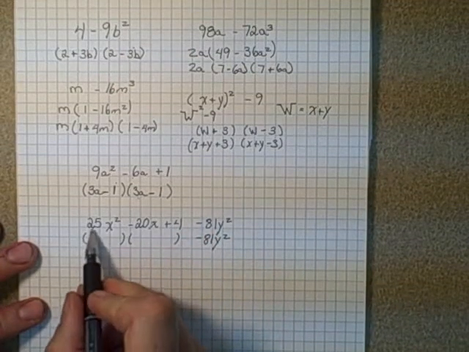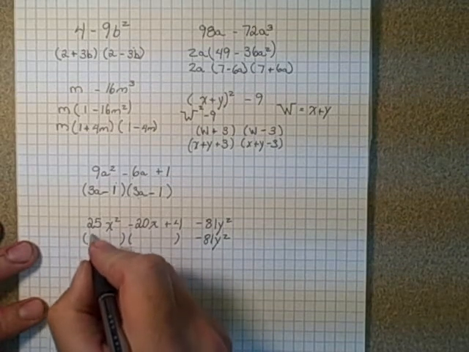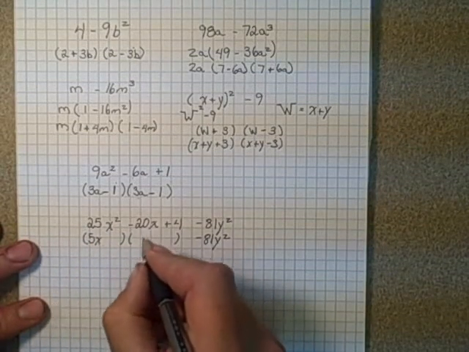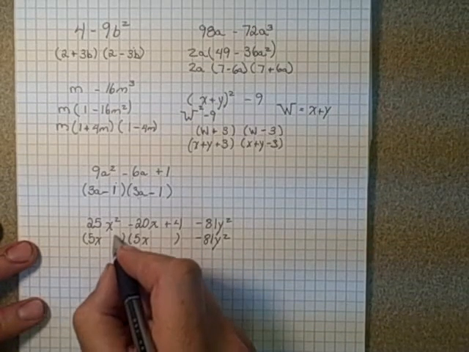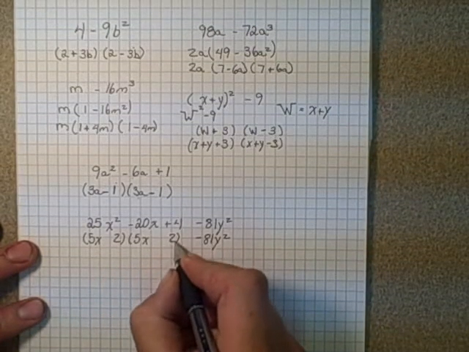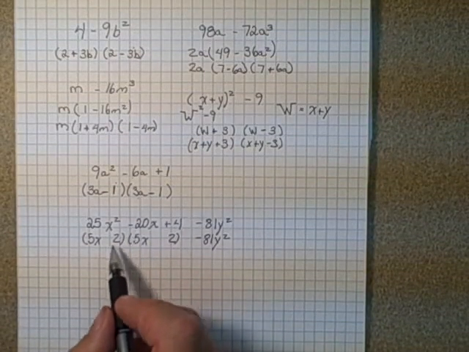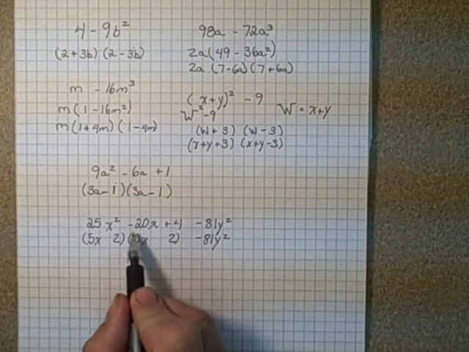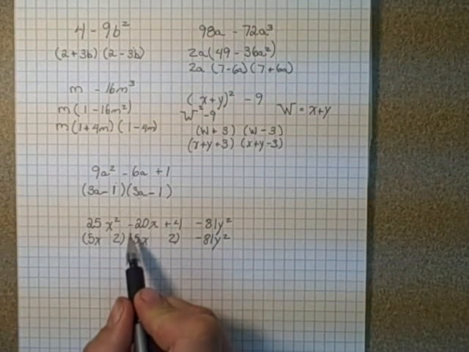Okay, breaking this down, the root of 25x squared is 5x. And the root of 4 is 2. So the product you have to get, the middle term has to work out here. So we have to make sure that we're checking to see if the middle term is actually working out.